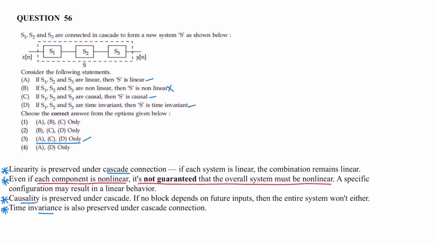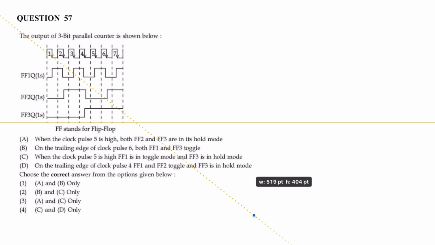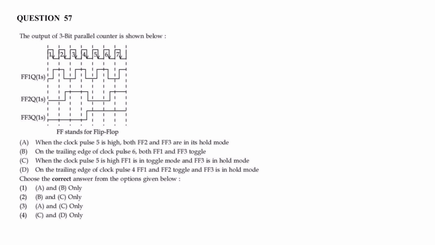Next question. The output of a 3-bit parallel counter is shown in the given figure with flip-flop 1, flip-flop 2, flip-flop 3 waveforms. Here FF stands for flip-flop. Different statements are given.